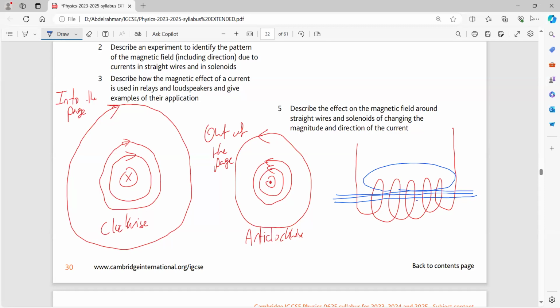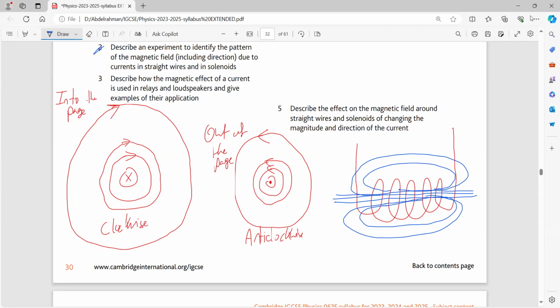You can draw some loops outside the coil. Inside the coil, straight lines. Outside the coil, loops. Describe and explain to identify the pattern of the magnetic field.